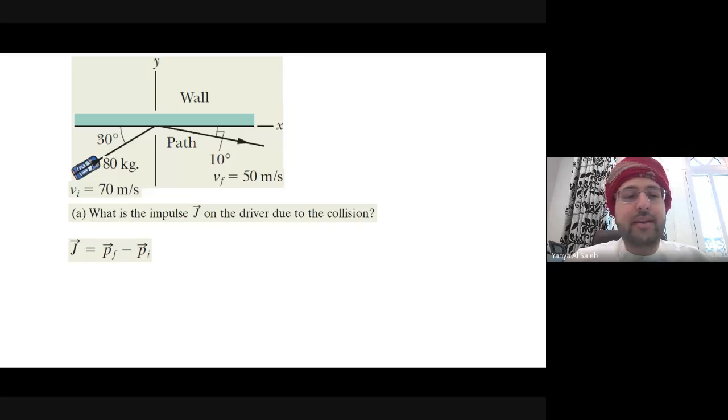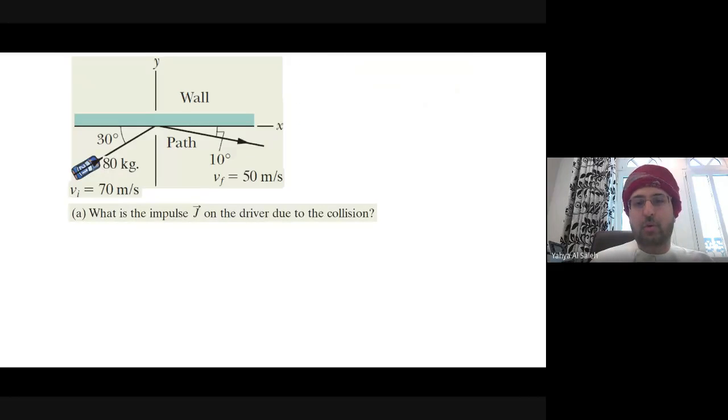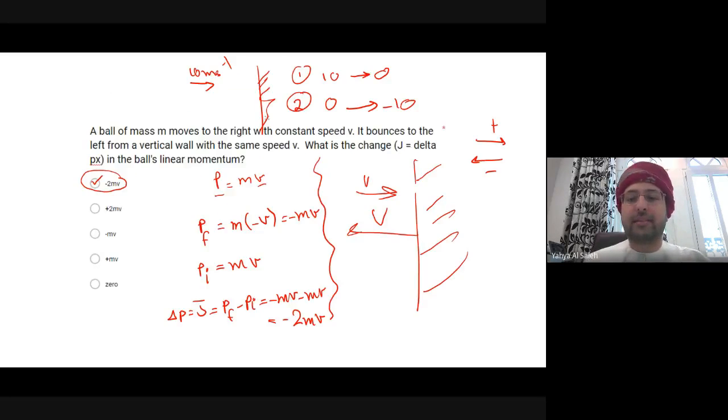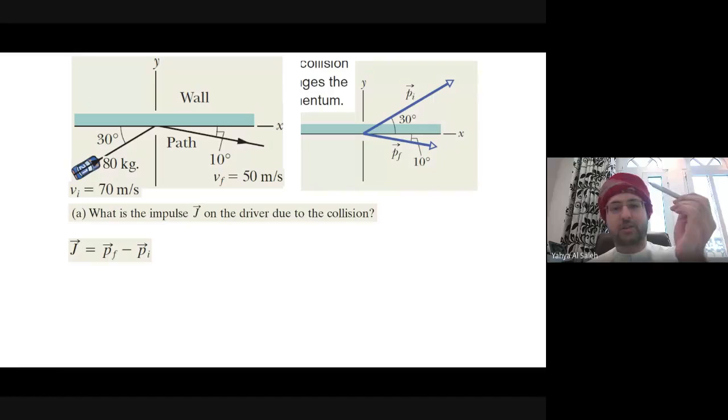My impulse is final momentum minus initial momentum. Now, this is very different to our previous question. In that question, we came this way and then we came back. In this one, we started this way and then we went down, but the x-axis is still the same.